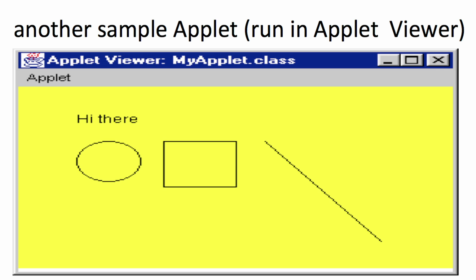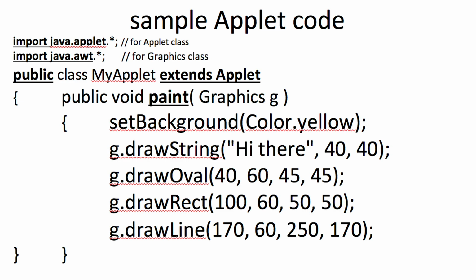So how to create this output? See in the next slide. In this slide you can see again the applet program. Here, import java.applet.* and java.awt.*. So these are two statements. For the import statements, we are importing applet as well as AWT. Applet because this is an applet program, and AWT for GUI.